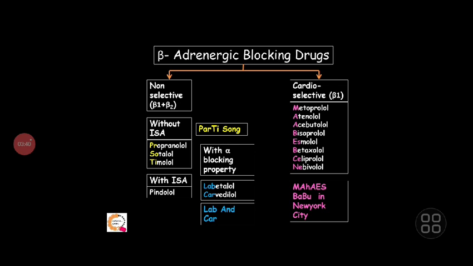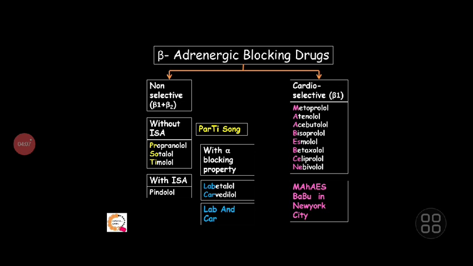And the third one is with alpha blocking property. These are the drugs which have selectivity on both alpha and beta receptors, means these drugs can act on both alpha as well as beta receptors. There are two drugs, labetalol and carvedilol. There is a small trick for remembering them.